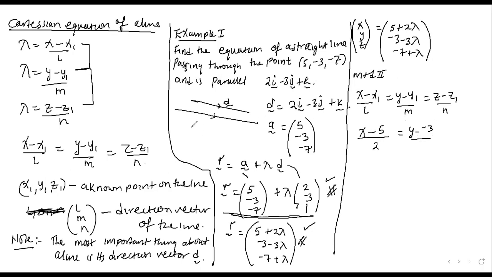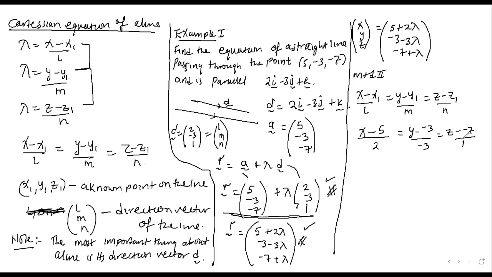Because if d is (2, -3, 1), this means l is 2, m is negative 3, and n is 1.